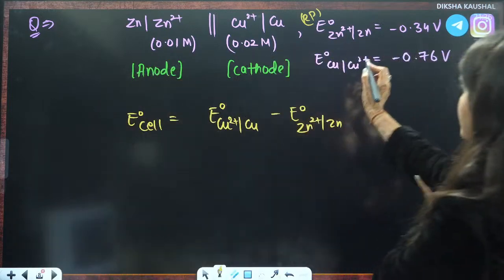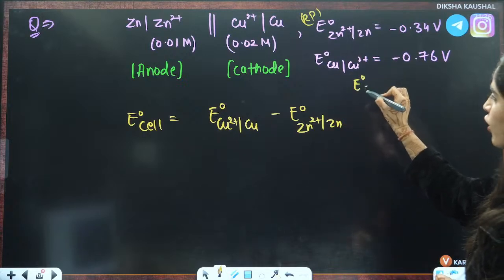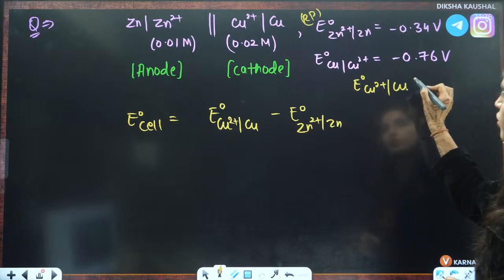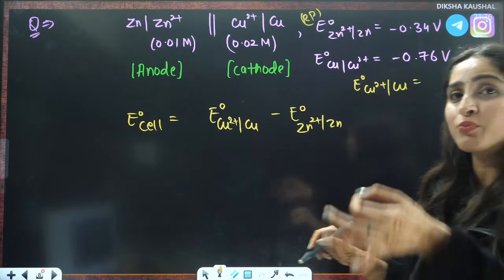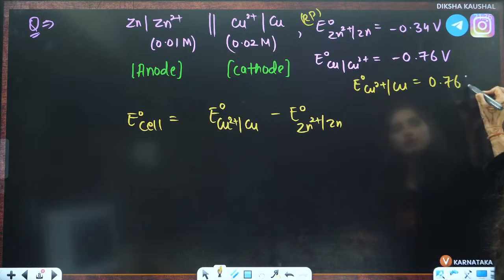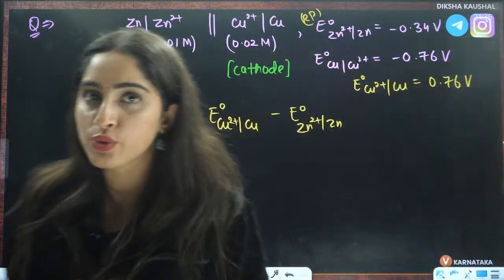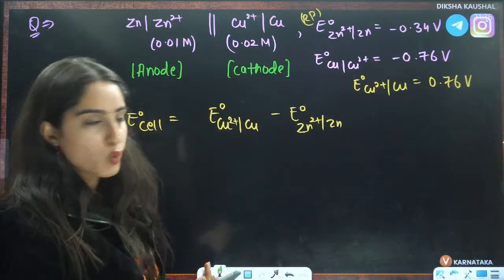So if Cu to Cu2 positive is this, then E naught of Cu2 positive to Cu will be negative, because oxidation potential is negative of reduction potential. So it will be 0.76 volt. Is that clear, students? It will be 0.76 volt.